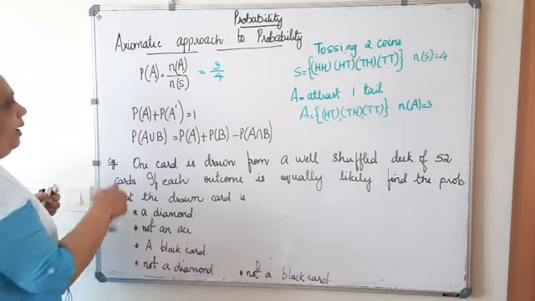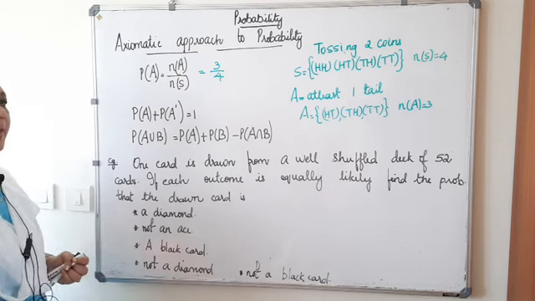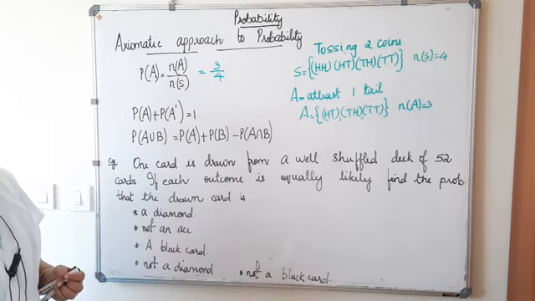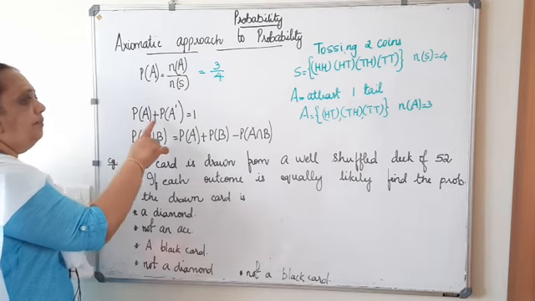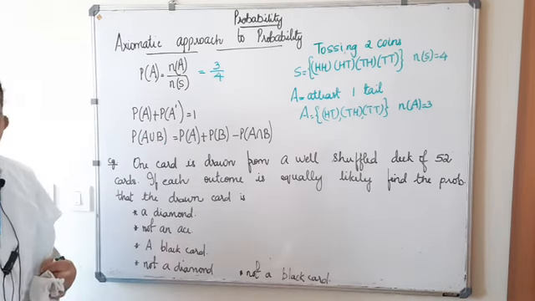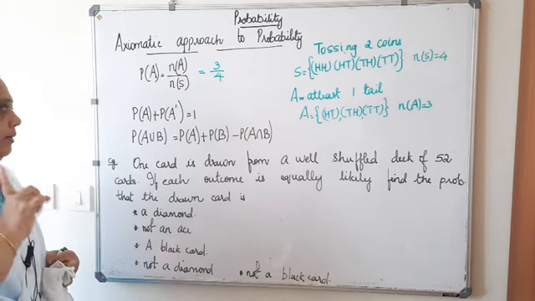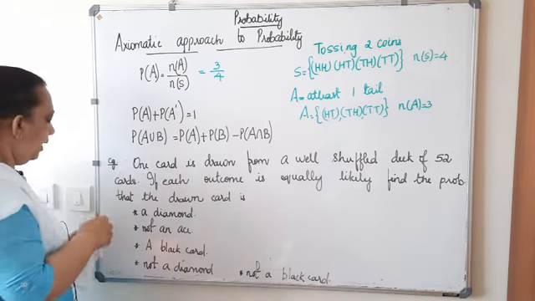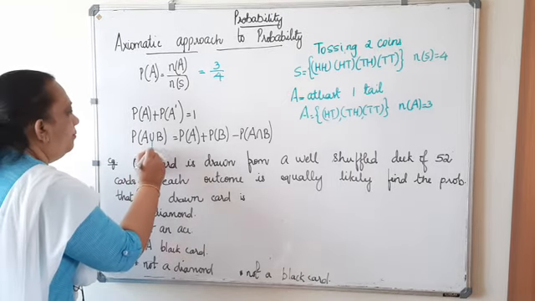Now another axiomatic approach to probability is: probability of A plus probability of A complement is equal to 1. That is, the probability of the event A occurring plus the probability that the event does not occur is always equal to 1. And probability of A union B in sets. What is union? Union is OR.